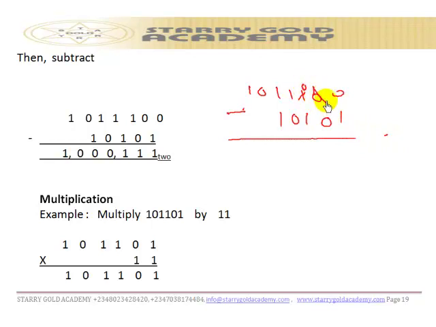Borrow 1 from the next, it becomes 1, so it becomes 10. 10 minus 1 is 1. 1 minus 0 is 1. Now unfortunately this one is now 0, so you can't subtract 1. So you have to borrow from this guy, it becomes 0, and this becomes 10. 10 minus 1 is 1. 0 minus 0 is 0. 1 minus 1 is 0.